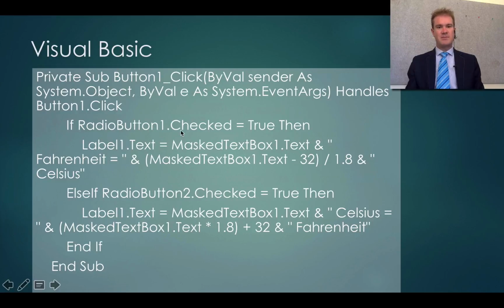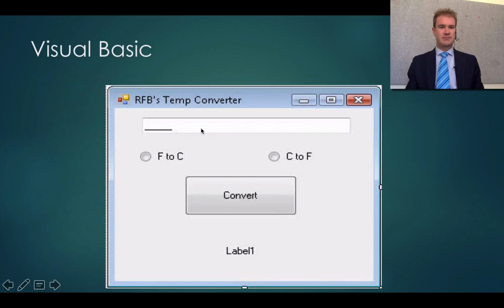If radio 1 button checked, so if we go back up, this is radio 1 button, this is radio 2 button. So that first line is just saying this button's been clicked. Then it checks which radio button is checked.